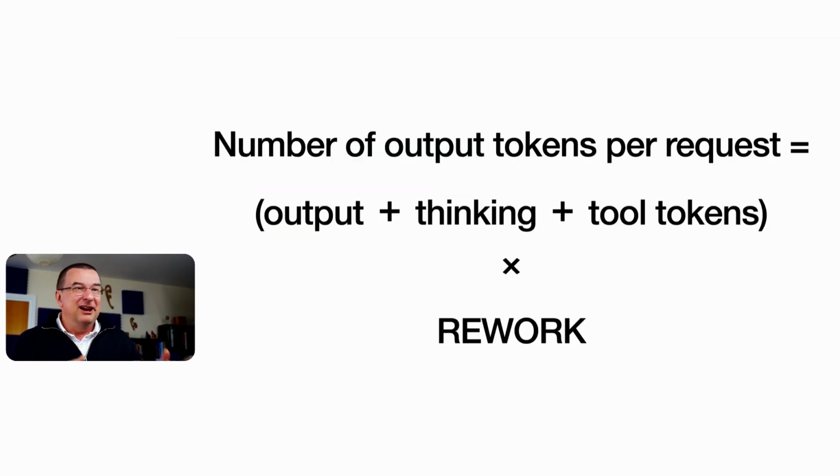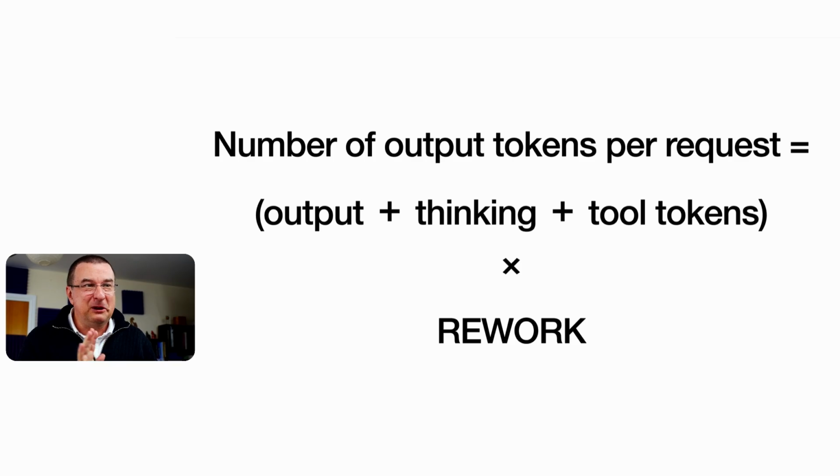And so we have to modify our little equation, because what happens is that the number of output tokens per request is the output plus thinking plus tool tokens times rework. How many times do we need to do the same thing over and over until we get the right output, until we get the right result?